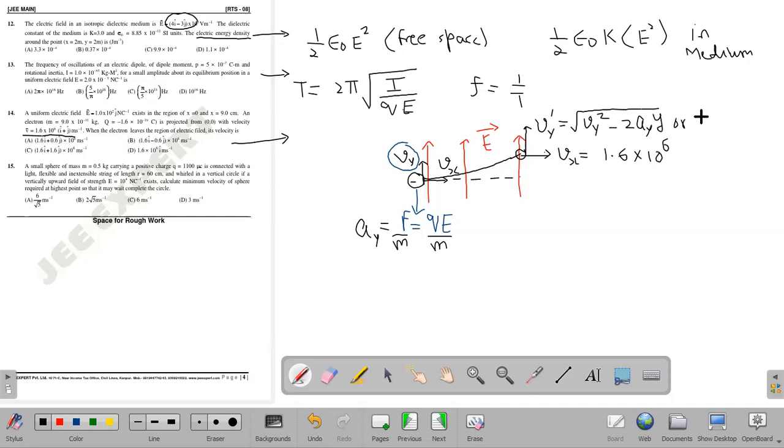Or, by the first equation of motion, you can write Vy minus Ay times t.